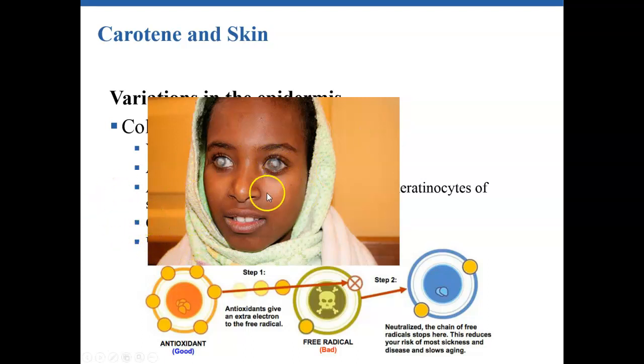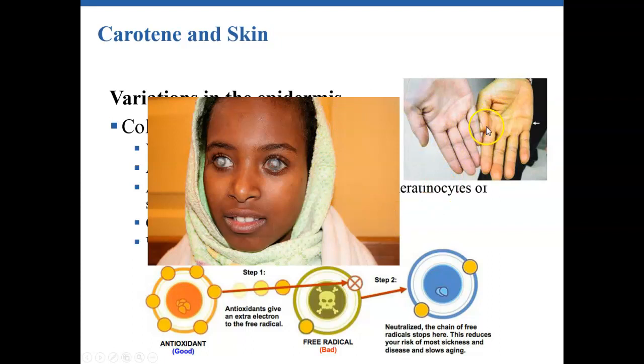So we have actually produced a special rice called golden rice. Golden rice contains the vitamins in the rice itself, and these people then don't go blind because now they have those vitamins that they need.